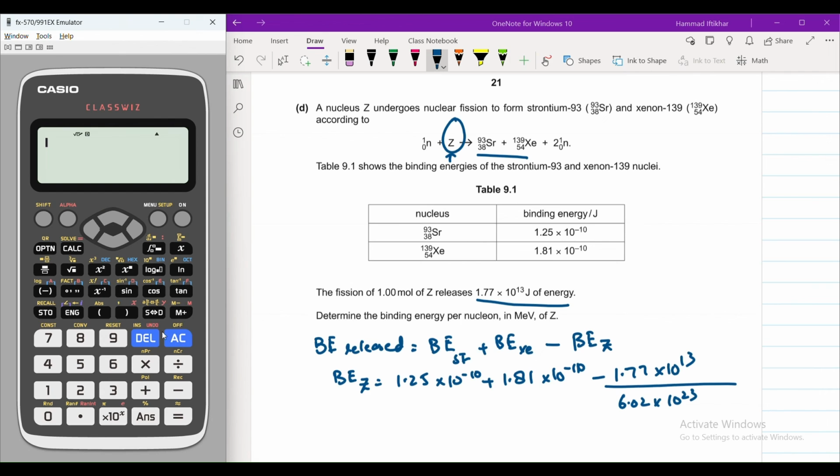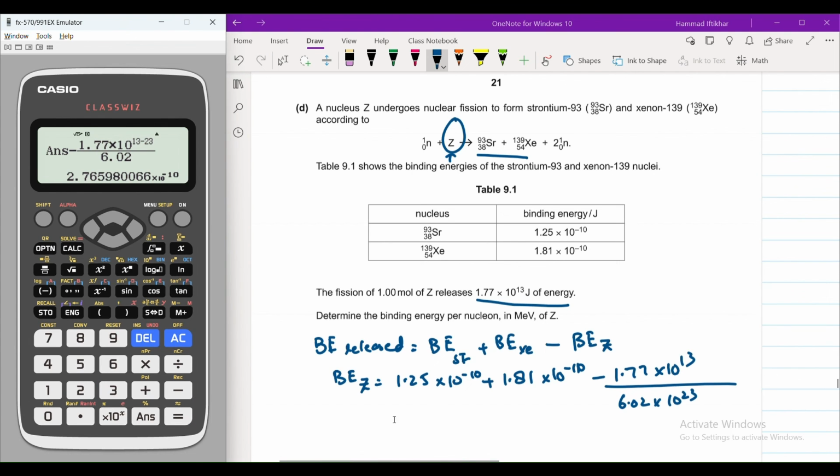Let's do this again. So we have 1.25 plus 1.81 times 10 raised to power minus 10, and then minus that with 1.77 divided by 6.02 times 10 raised to power 13 minus 23.